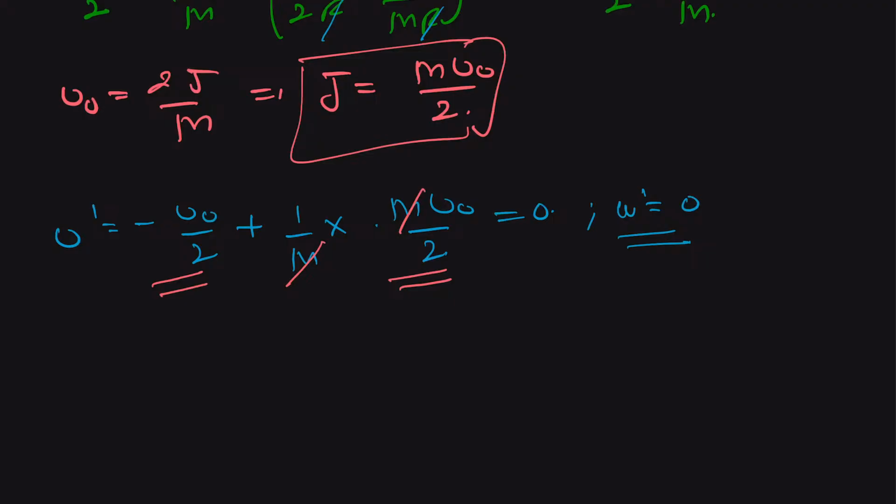Therefore exactly at x is equal to L, once again our u will be equal to 0, because at x is equal to L the spring is in unstretched condition, so the total energy will be equal to 0. Potential energy will be equal to 0, v prime is equal to 0, and we have our omega prime is equal to 0, and our spring force is also equal to 0.